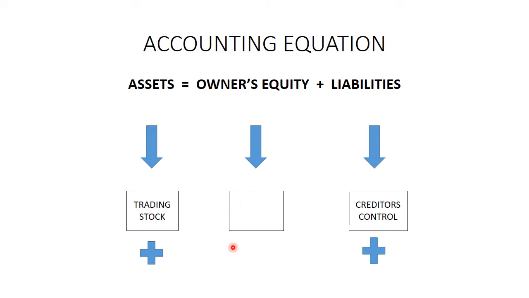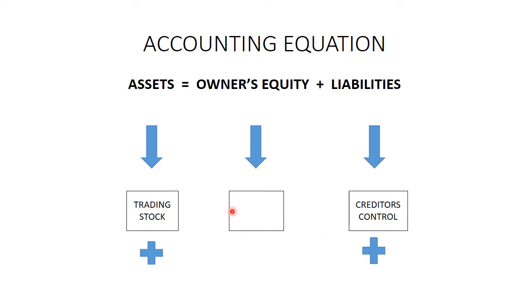Then on this slide, let us look again at a positive relationship between your assets and your liabilities. Here we are looking at two accounts being affected, which are trading stock and creditors control.